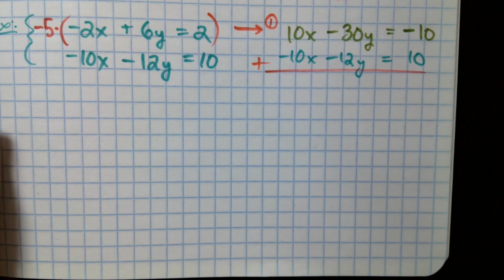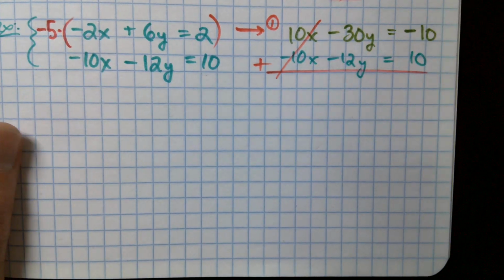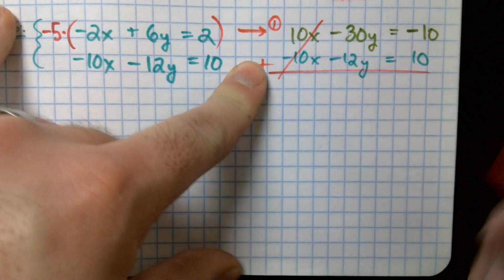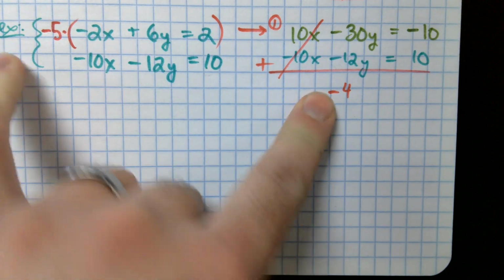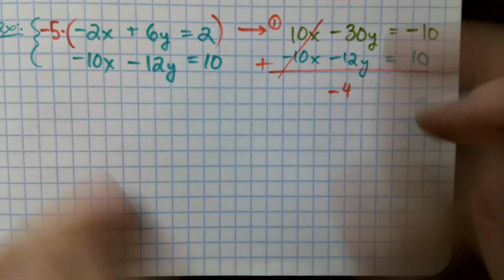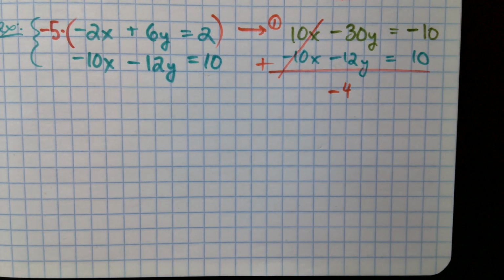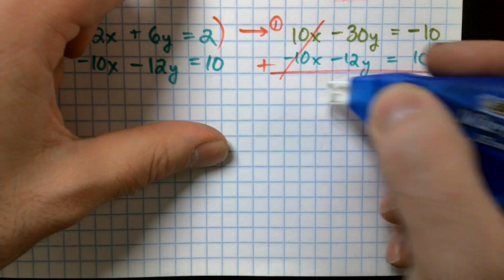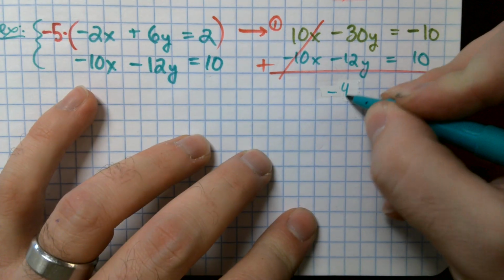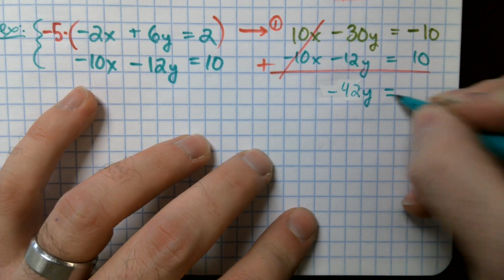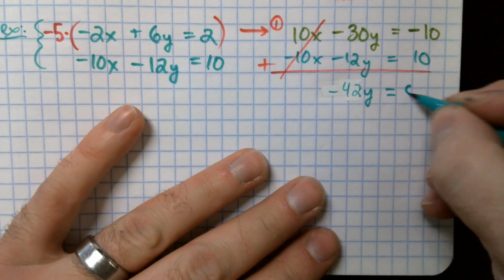What happens to my x terms? They get eliminated. What's negative 30 minus 12? Negative 42y. And what's negative 10 plus 10? 0.